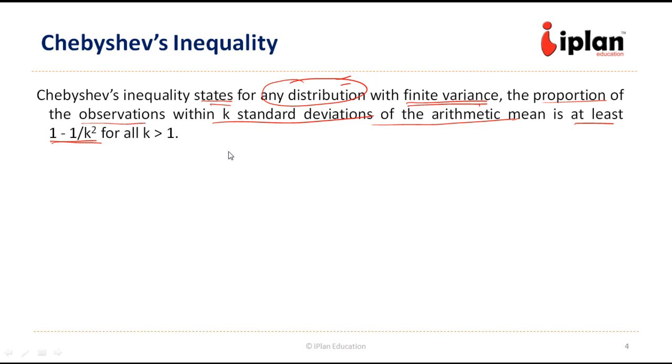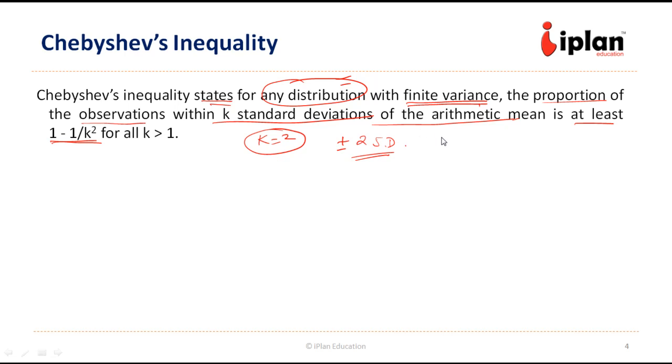So let us say we take the case where k is 2. We would like to know that within plus minus 2 standard deviations, what percentage of total values lie.